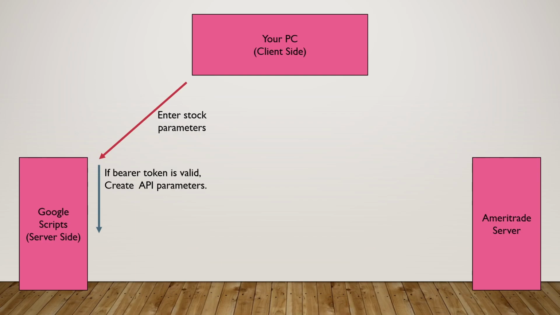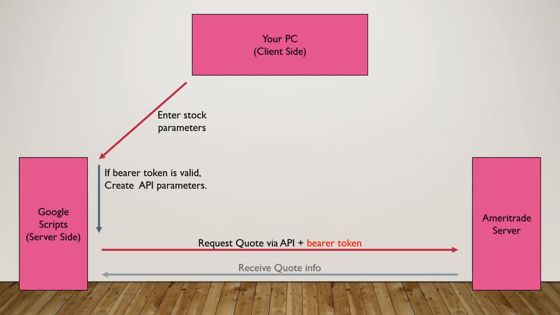But it also needs to check that the bearer token is valid. Now, bearer tokens expire in 30 minutes, so relatively quickly. But if it is valid, then it can generate the parameters for the API, which includes the bearer token, right? And from there, the Ameritrade server will check the bearer token, and if all is okay, it will return the quote info to the script.